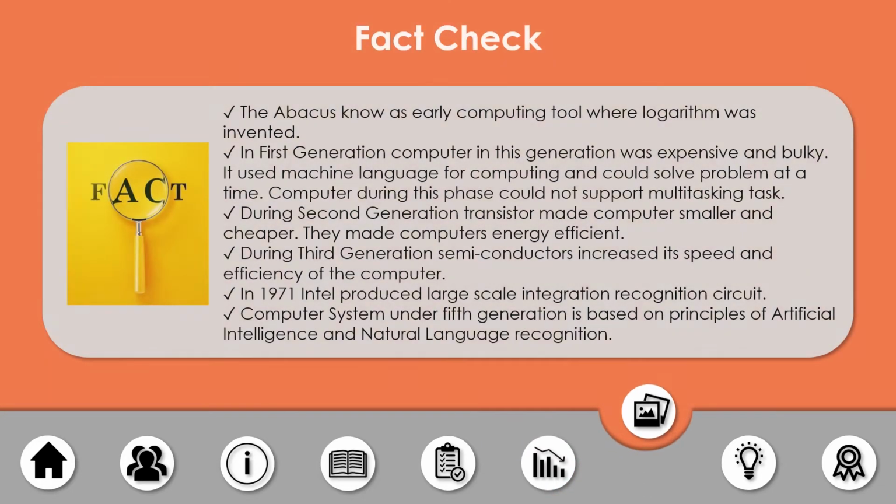So let's have our fact check. So today we have learned that the abacus is known as early computing tool where logarithm was invented. The first generation computer in this generation was expensive and bulky, and it used machine language for computing and could solve problem at a time. So computer during this phase could not support multitasking task. Then during the second generation, transistor made computers smaller and cheaper.